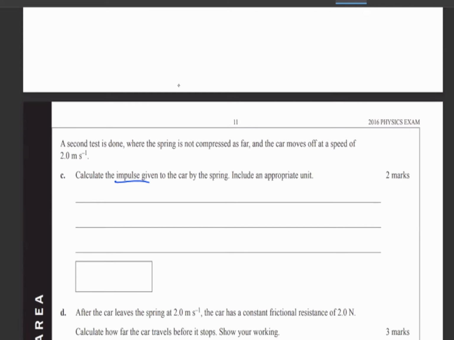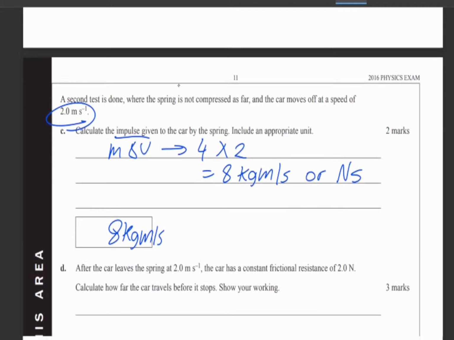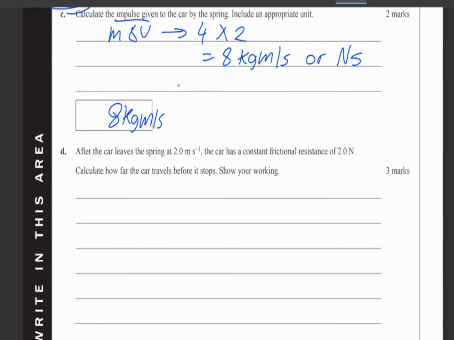The impulse is mass times change in V, so the M is 4 times the change in V is 2, which is 8 kilogram meters per second, or newton second, force times time, yeah, 8 kilogram meters per second. After the car leaves with this, it has a constant frictional resistance.